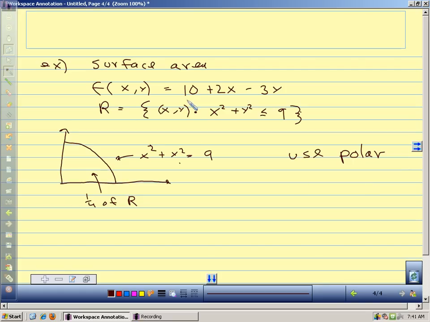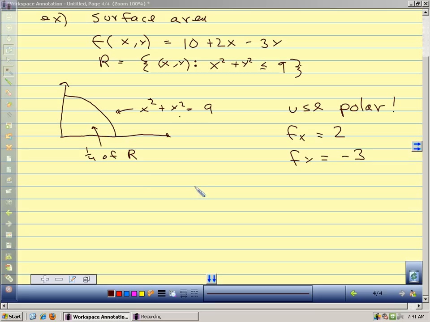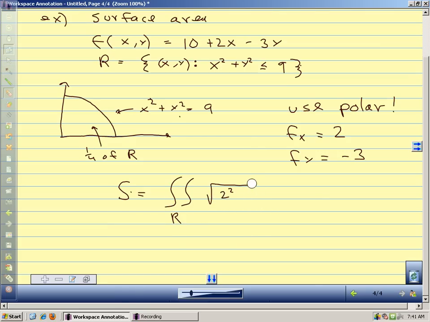For a surface area, we need our partial derivatives. The partial of f with respect to x is 2. The partial of f with respect to y is -3. So our surface area is the integral over our region of the square root of 2 squared plus -3 squared plus 1 dA.